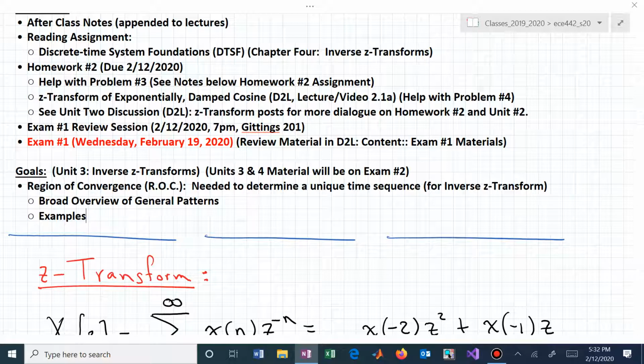And finally, just in general, if you're searching or trying to find some help with some problems, I've tried to create discussion sections in each of the different units on the discussion page of D2L, and several students, usually online students, are asking questions there, and sometimes they answer each other's questions, which is good.